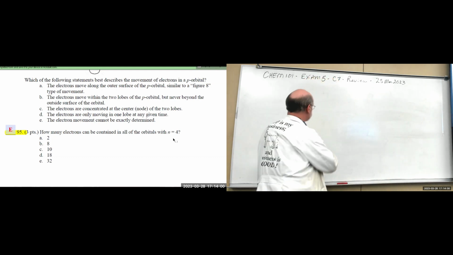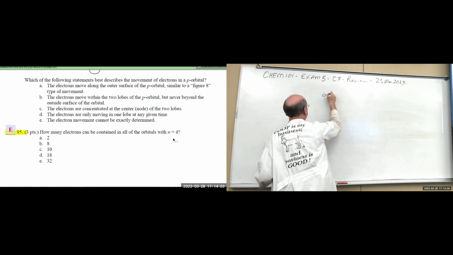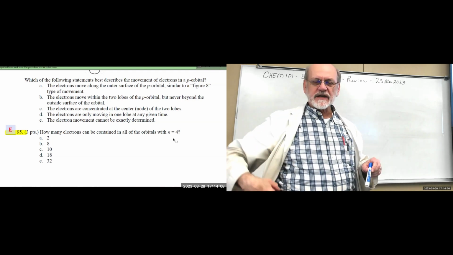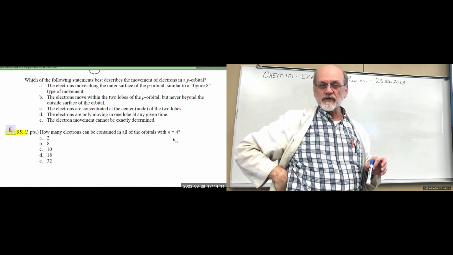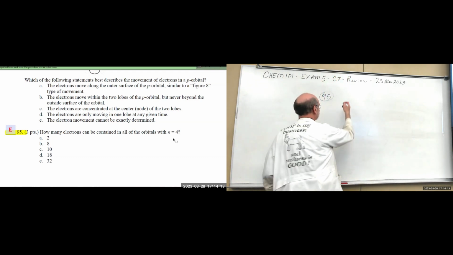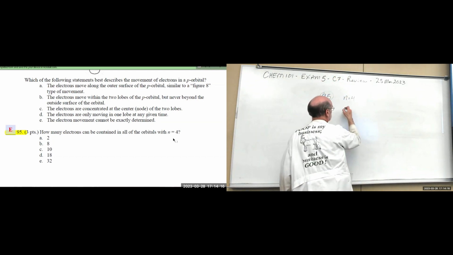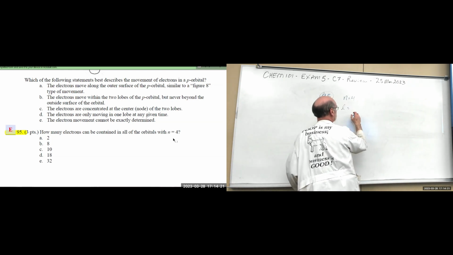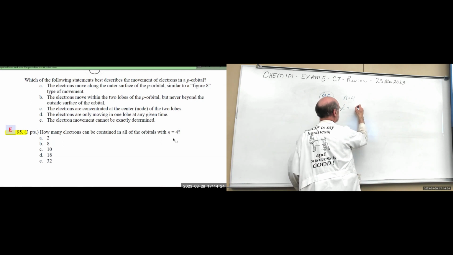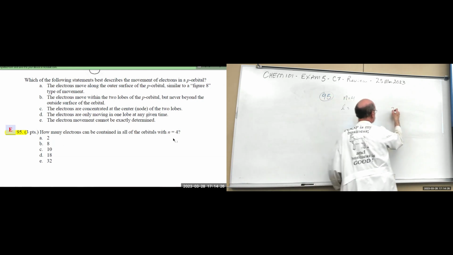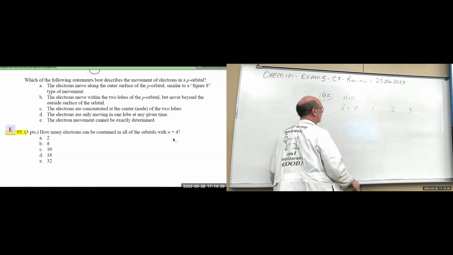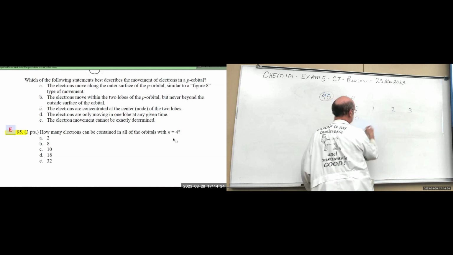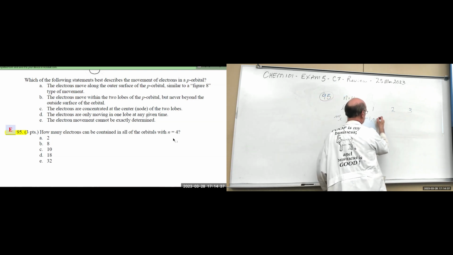So we got 95. How many electrons can be contained in all of the orbitals with n equals 4? All right, we start at n equals 4. That means how many l's can we have? Well, we can have 0, 1, 2, and 3. How about m sub l's? This one we can only have 0. This one we have -1, 0, and +1.